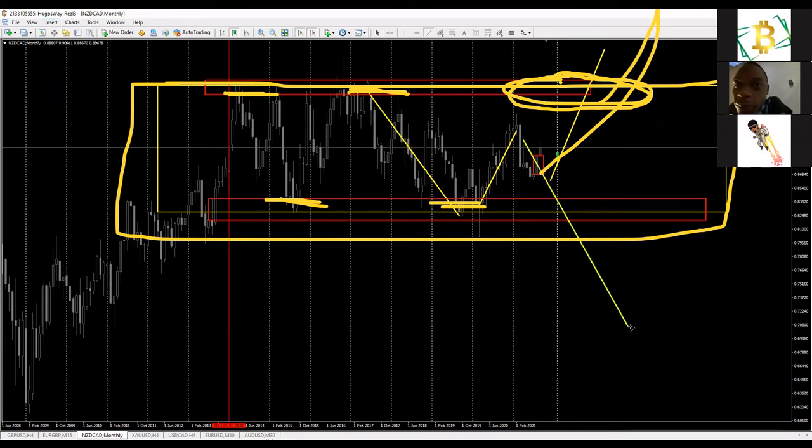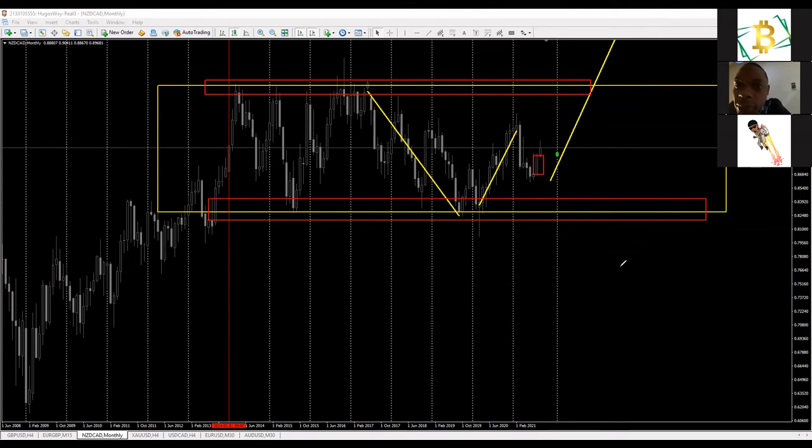But since we're seeing an upward trend, we can expect price to make that third push and break upwards, long. Exactly. Makes sense.